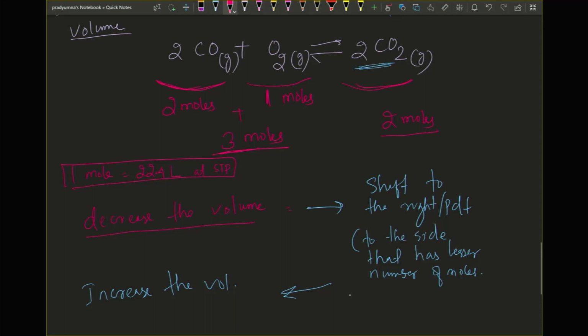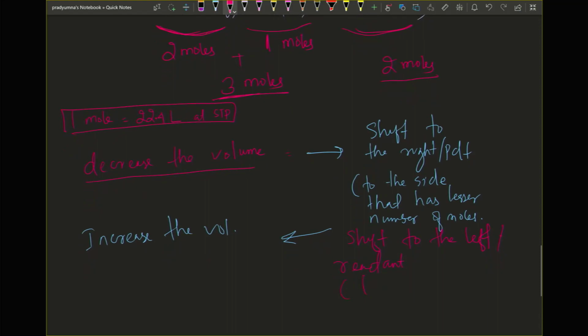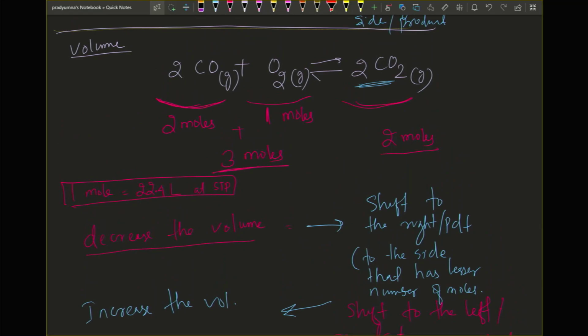So shift to the left, which is reactant, or you should say to the side that has more number of moles. Okay, so I think these are some of the critical concepts from Le Chatelier's principle. We will be using this more often in the future.